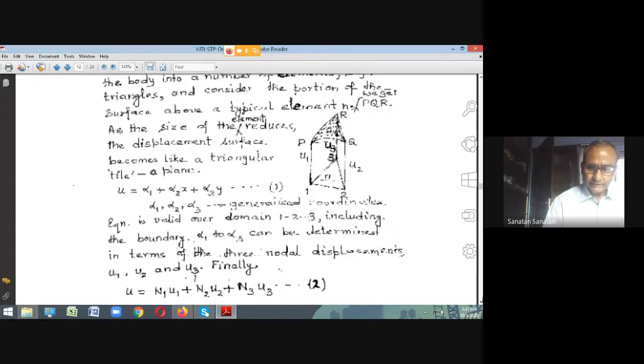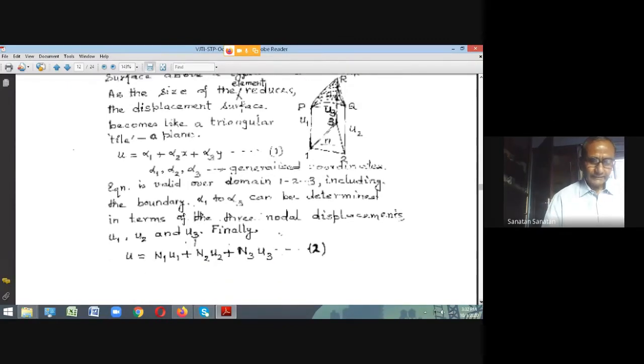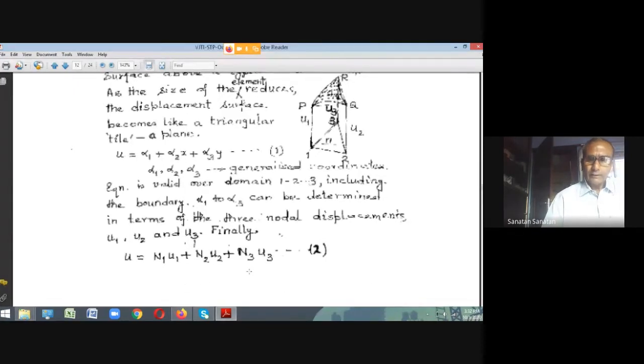Finally, on simplification, substituting the value of the generalized coordinates alpha 1 to alpha 3 in equation 1, we get u equal to N1 u1 plus N2 u2 plus N3 u3. So the displacement of any arbitrary point within the element or on the boundary is given in terms of the 3 corner node displacements. That's the simplification that we have got.